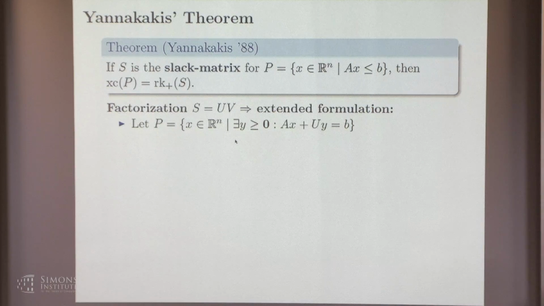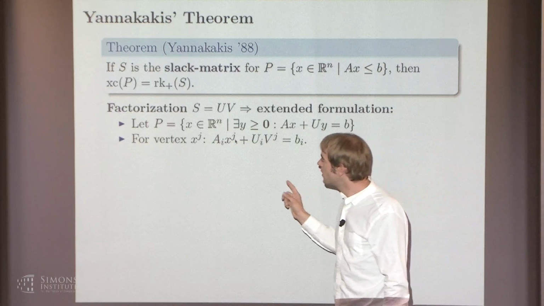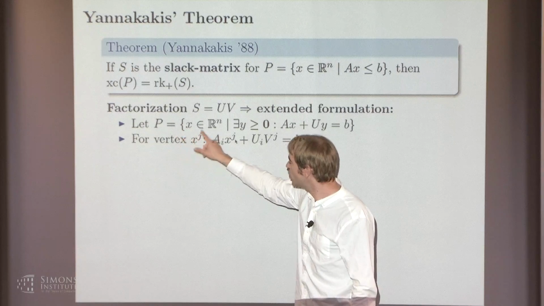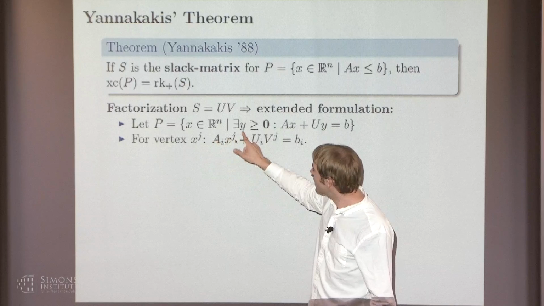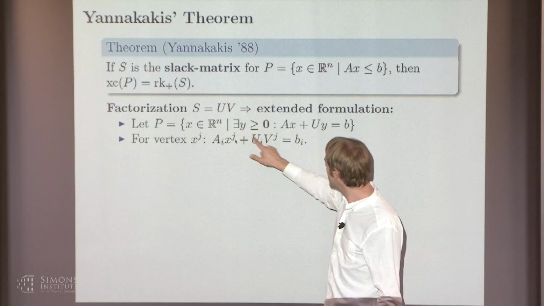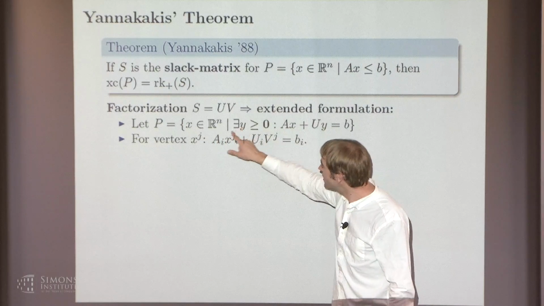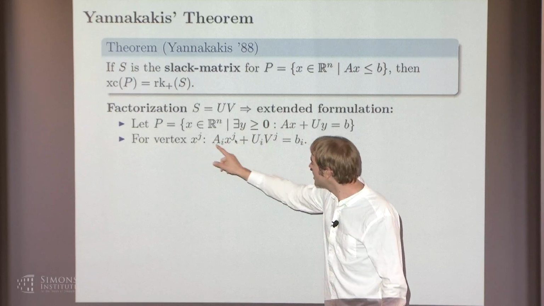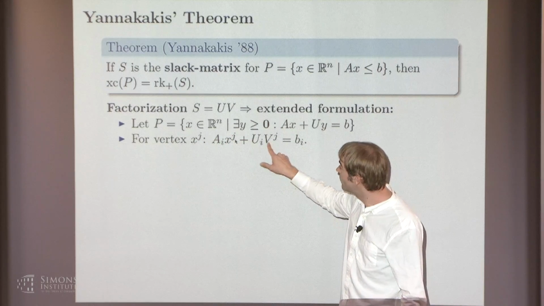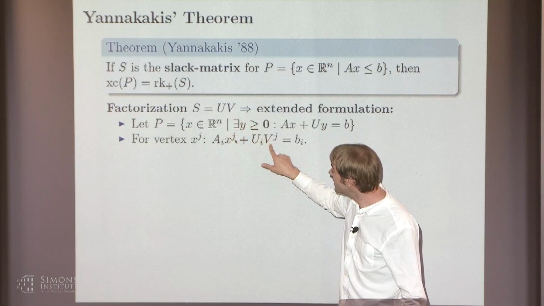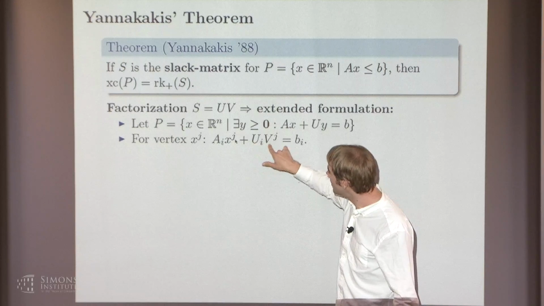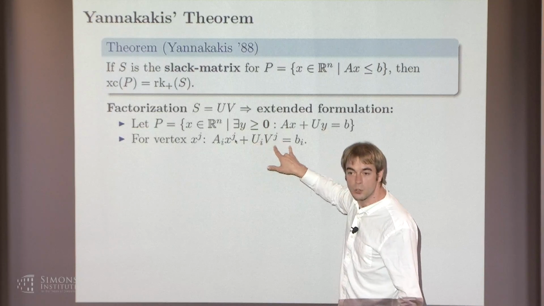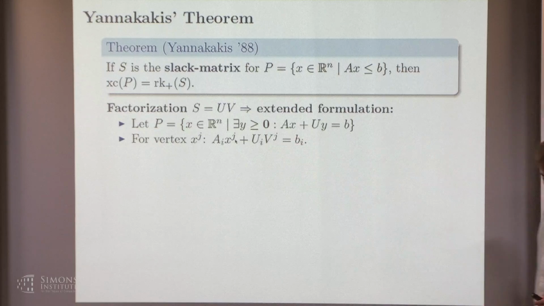Why would that make sense? First of all, if you have a point that should be in the polytope P, let's say a vertex, then you can make a choice for y so that this is true. If this was the jth vertex, you just pick the jth column of the right factor and plug it in here, and the inner product of this row and that column is precisely the slack that you need to make this an equality.